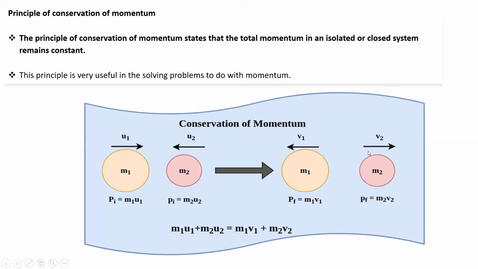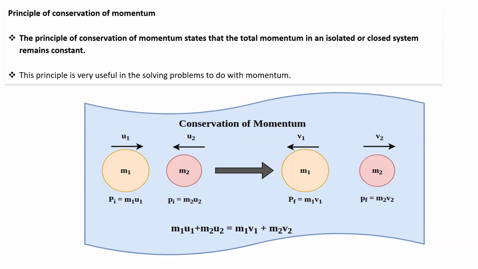This is because the principle of conservation of momentum is founded on the isolated system assumption. Listen to me. When you say something is conserved, it means what you have before and what you have after is the same.